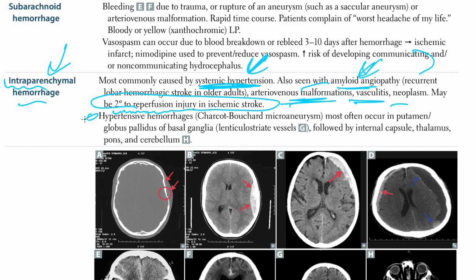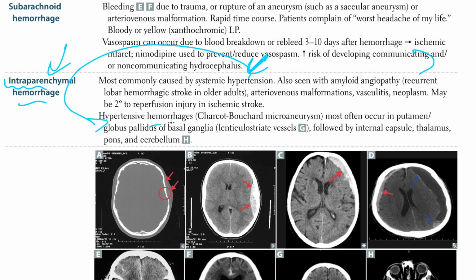Now here what you have is hypertensive hemorrhage, hypertension that caused hemorrhage, which is known as the high-yield Charcot-Bouchard microaneurysm. Again, hypertension, hemorrhage, Charcot-Bouchard microaneurysm most often occurs in the putamen and globus pallidus of the basal ganglia.